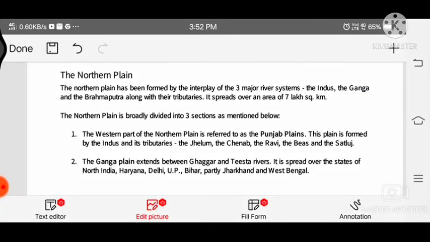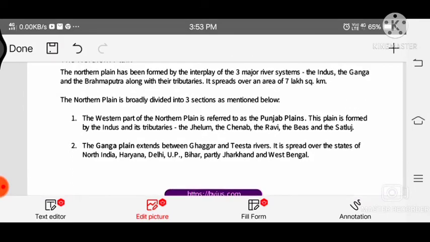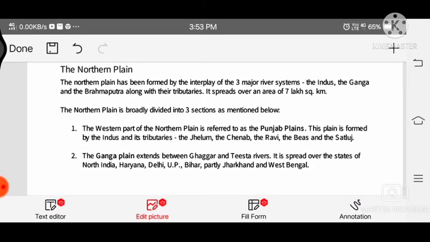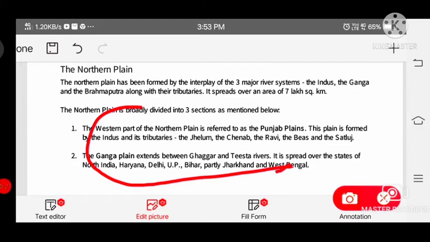The Northern Plain is broadly divided into three sections as mentioned below. First section, the western part of the Northern Plain, is referred to as the Punjab Plain. The plain is formed by the Indus and its tributaries.